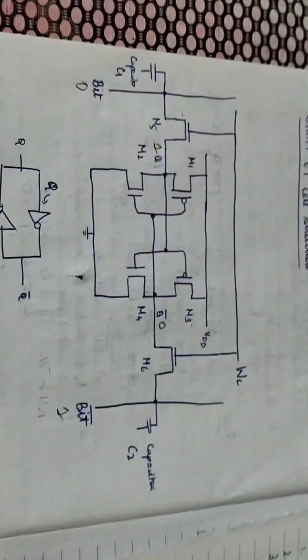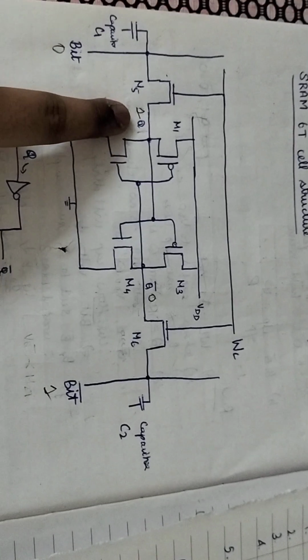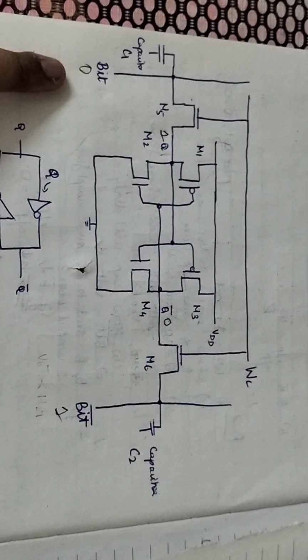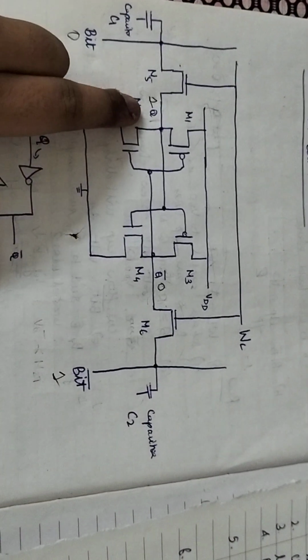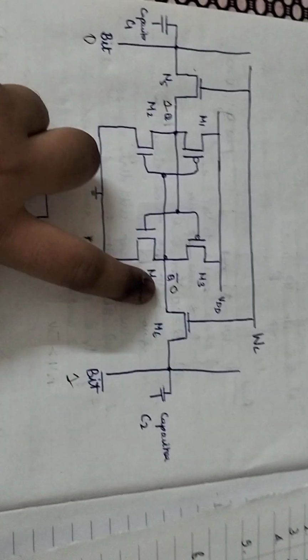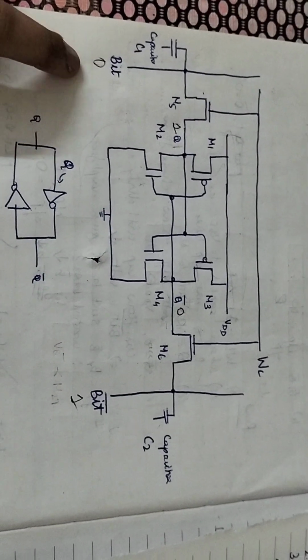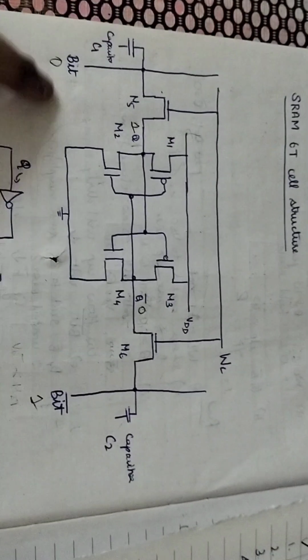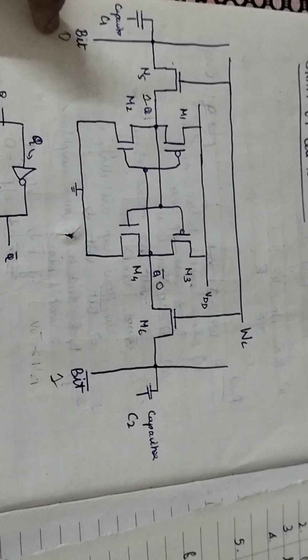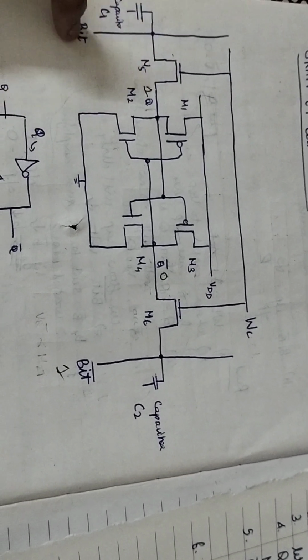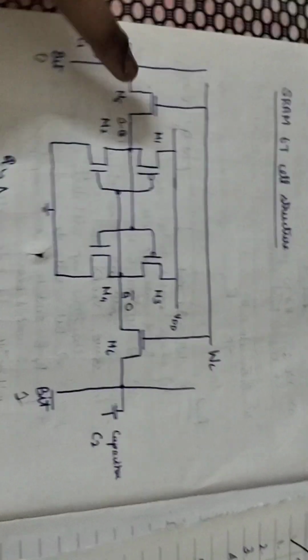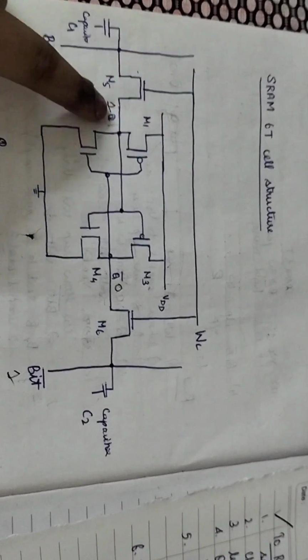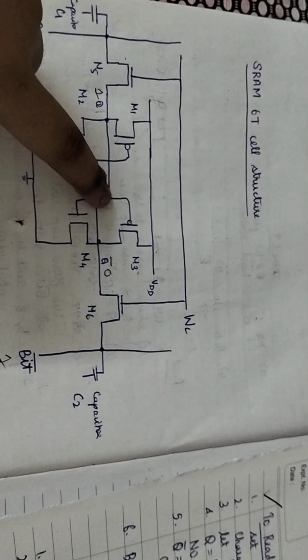Now the other case, if Q is currently a 1 and if I want to write 0, there are very minor changes. Q would be 1, Q bar would be 0, current state. I want to write a 0, so I make bit 0 and bit complement 1, in which case this is fully charged and this one is low, so charge flow happens from here to here. This one's potential starts reducing and M5 is connected to M4, if you can see.